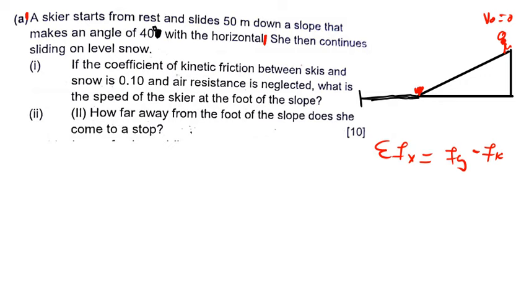Now, another person might think to say, why can't we say, because they are saying that if the coefficient of kinetic friction between the skis and snow, and looking at it, was the incline also part of the snow?